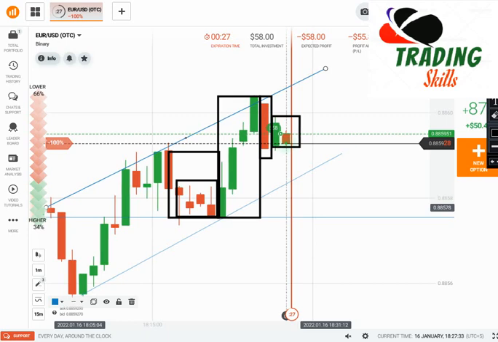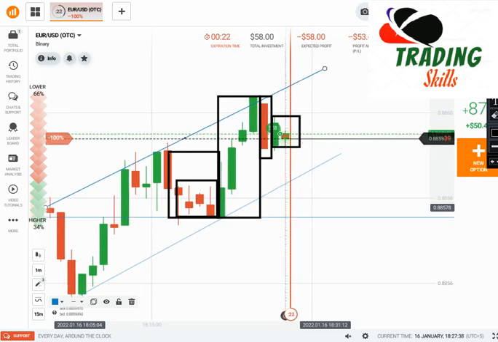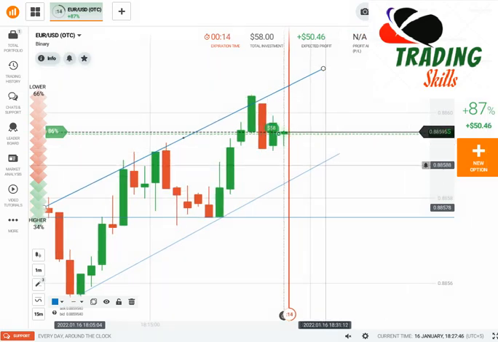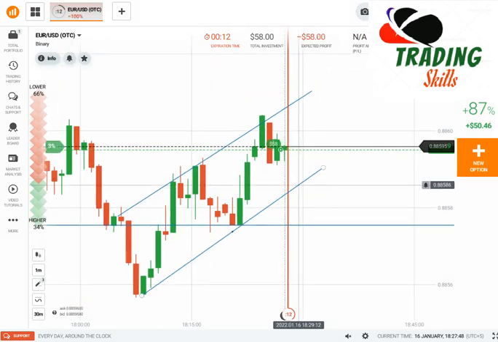So it means that they will move the market up again and make a bullish candle. So this is the reason why I took this trade. Let's see what happens here.